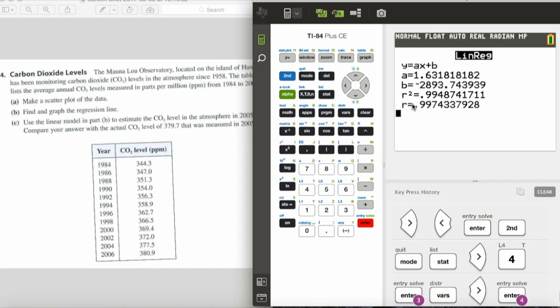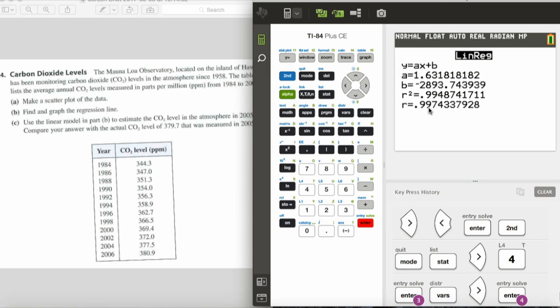Again, this is a positive r. That means it's an upward slope. We can see the values of CO2 increase. How much do they increase every year? Well, that's the slope, 1.6 parts per million every year. The CO2 level by this model has been increasing on planet Earth.